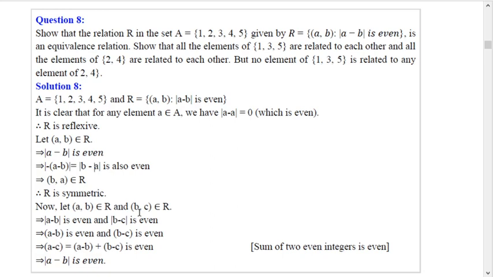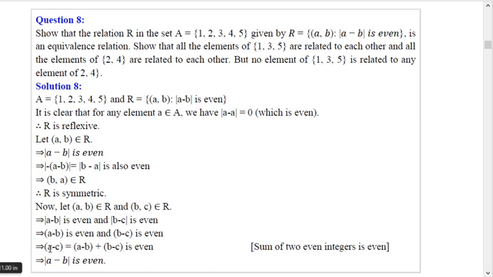Next, for transitivity, if (a, b) belongs to R and (b, c) belongs to R, it means |a - b| is even and |b - c| is even. If we write a - c as (a - b) + (b - c), then a - b is even and b - c is even. Even plus even gives even.